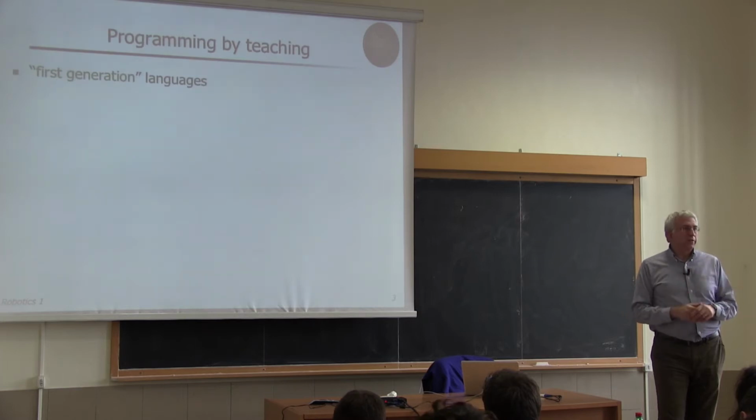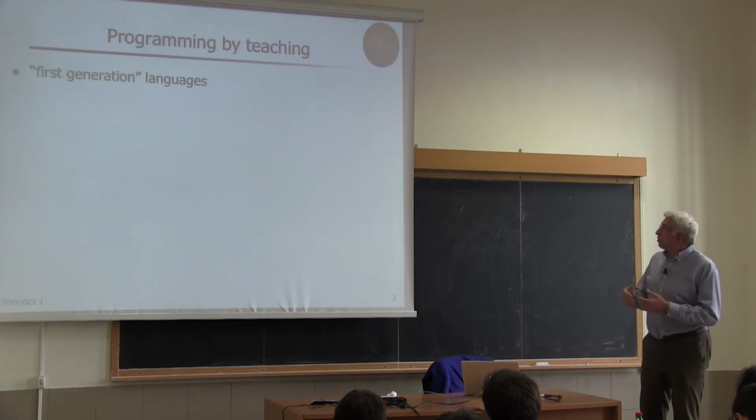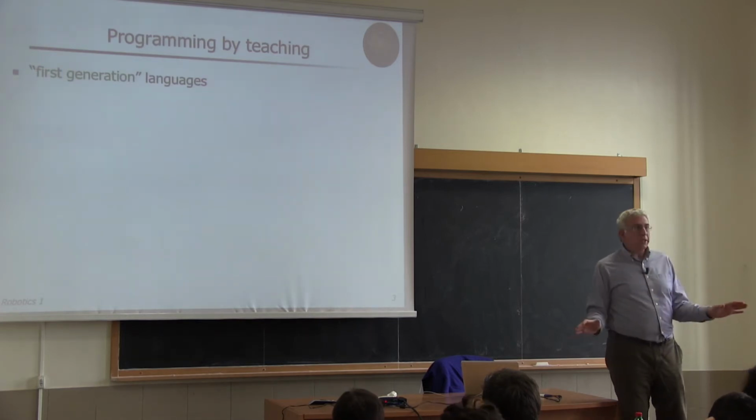Then you could save this configuration, and then move the robot to another configuration. So in fact, you're teaching the robot what to do by moving it in a very primitive way.